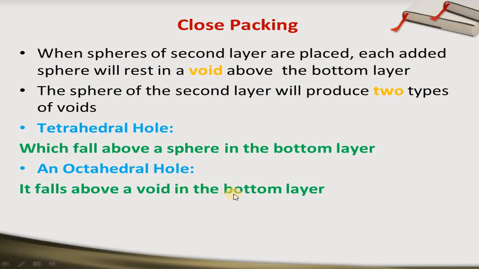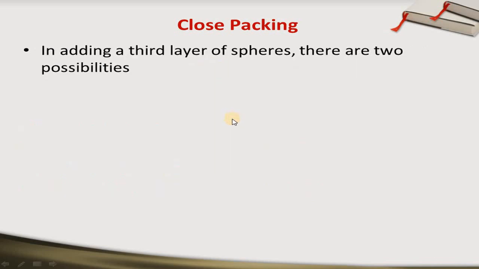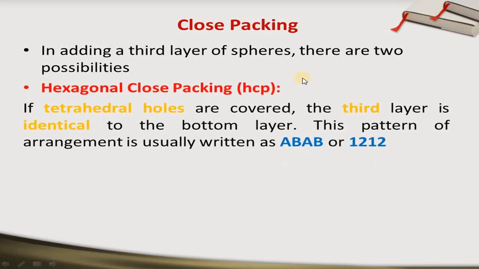Next, in the closed packing, if we want to place a third layer on the second layer, we will have 2 possibilities: hexagonal closed packing and cubic closed packing. What is the difference between both of these?